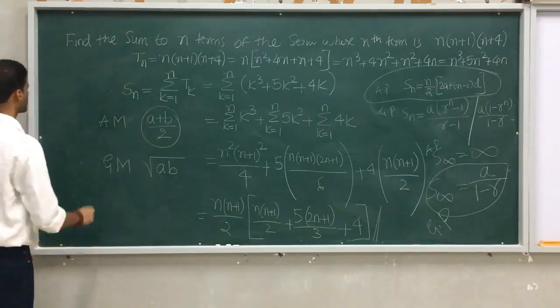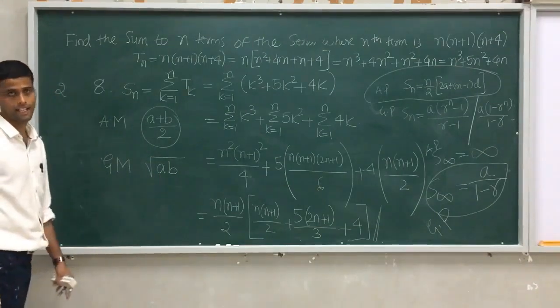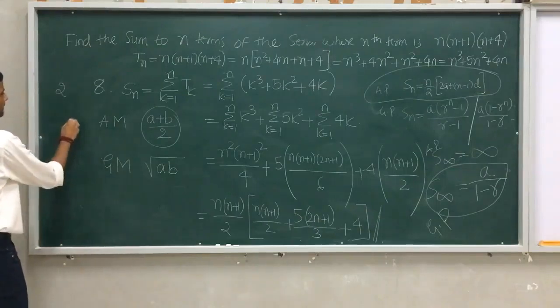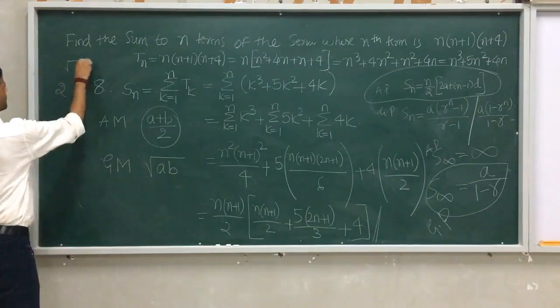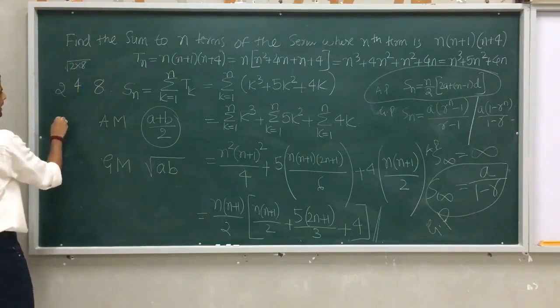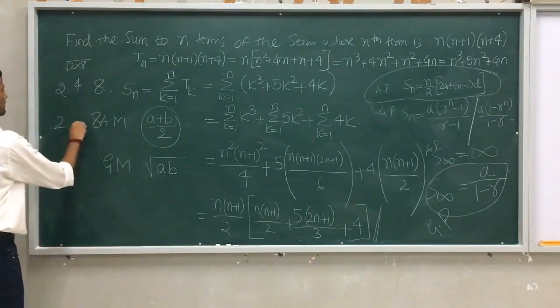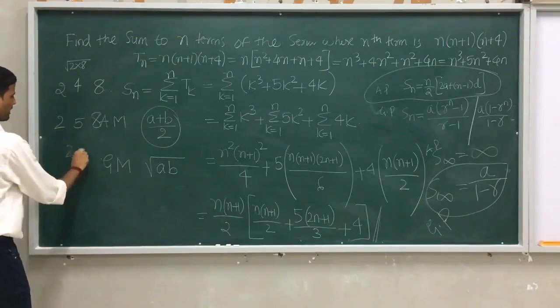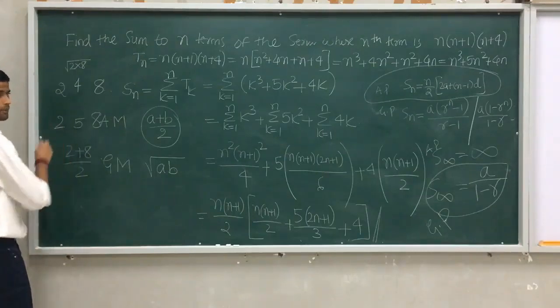If anyone asks you what is the geometric mean of 2 and 8, you can easily answer 4, because the formula is root of 2 times 8, which is root 16, which is 4. If anyone asks you the arithmetic mean of these two numbers, you can answer 5, because the formula is (2 plus 8) by 2, so 10 by 2 is 5.